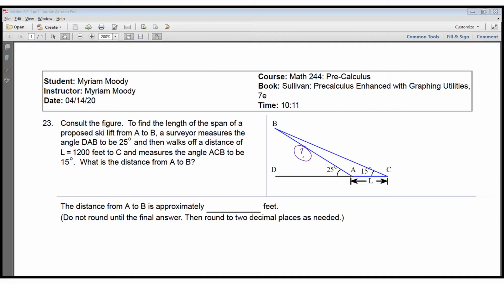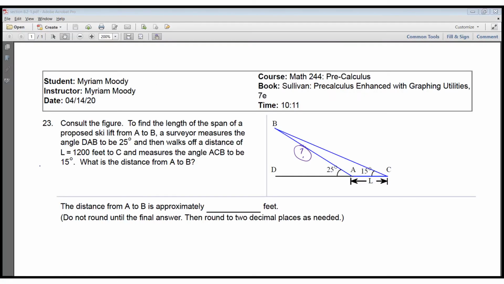Okay, so we got an idea of what's going on. Let's go to some scratch work, shall I say, and let's redraw this figure. There's angle C, there's angle B, here is A, and here is D. Correct?